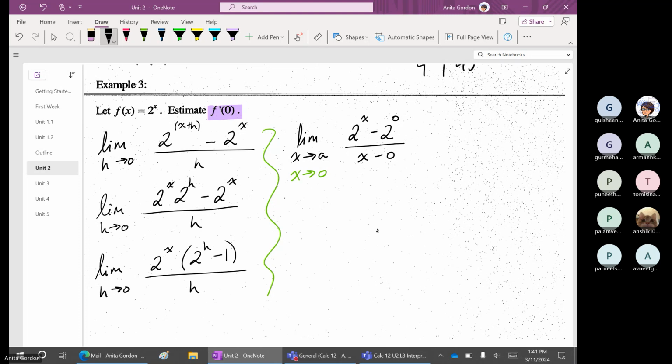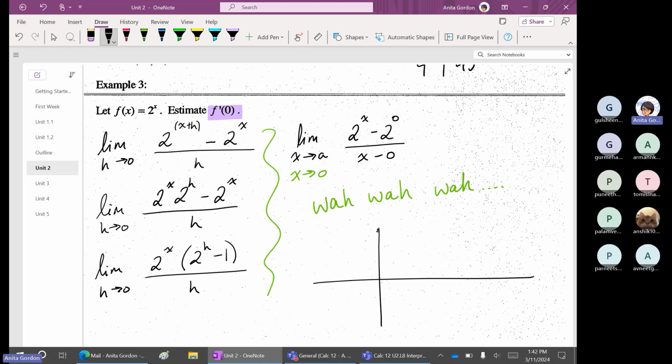Just going to get 2 raised to the power x minus 1 over x. Still going to have 0 in the denominator. Okay, this isn't working. Let's use a different method.